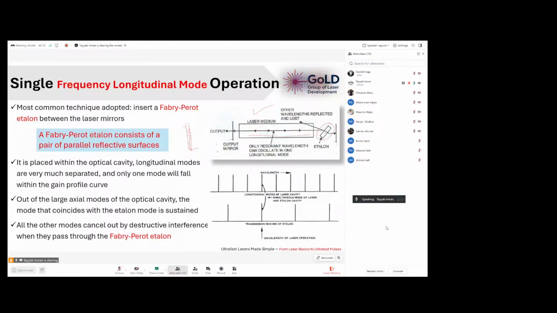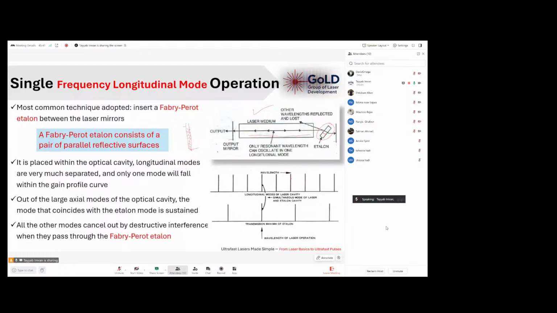It only allows those longitudinal modes which satisfy the condition of constructive interference to pass through this etalon. This etalon is very thin, in the sense the spacing between the surfaces is very small, a micron, and it can be milli.